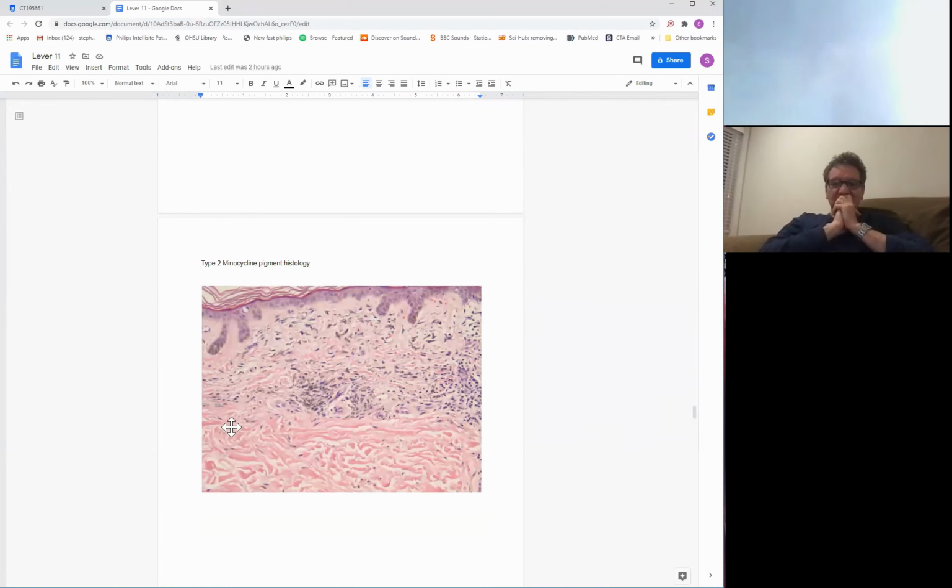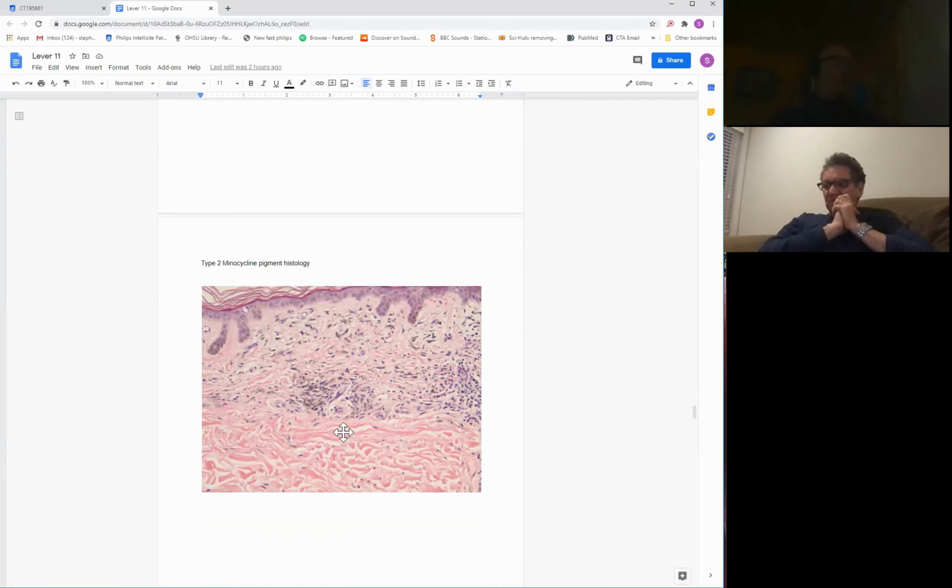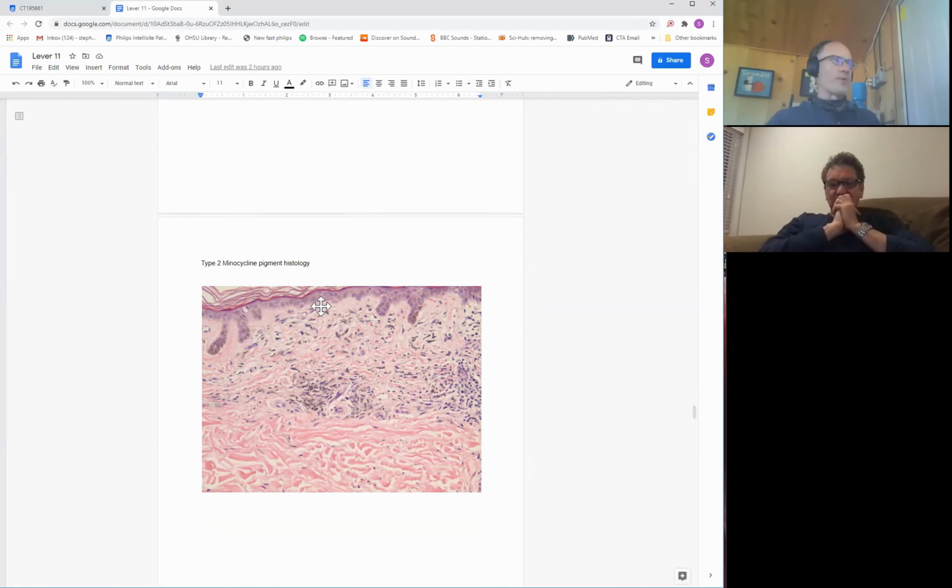And so the histology of this is pretty characteristic. Look, we've got a normal epidermis up here. We've got pigment in here that's something between brown and black to my eye. So it's not refractile and golden brown, which are the words that I associate with hemosiderin.